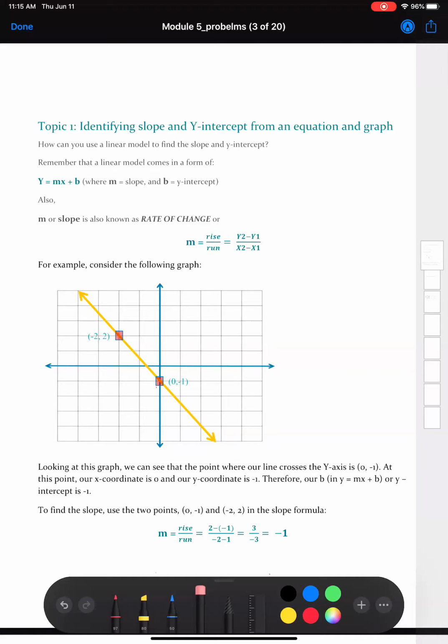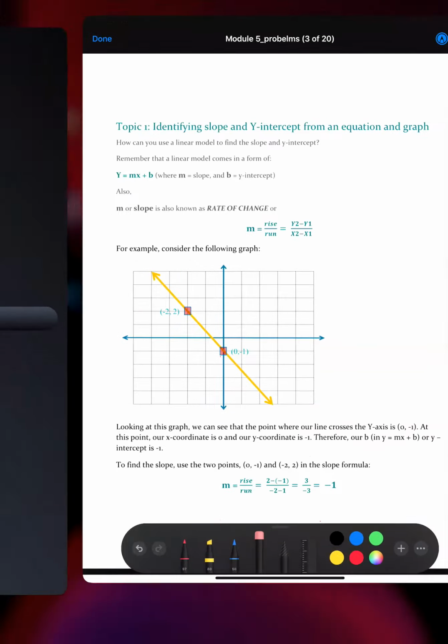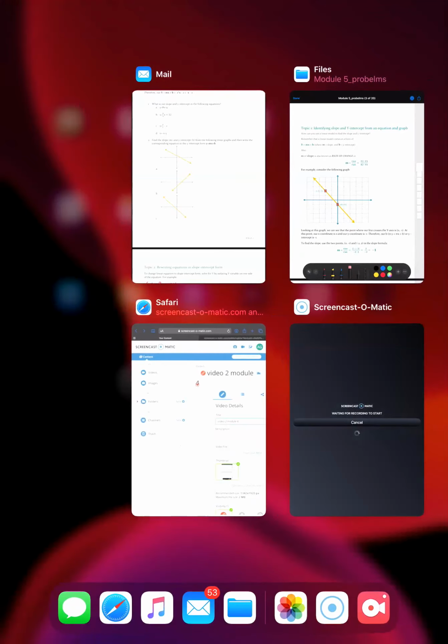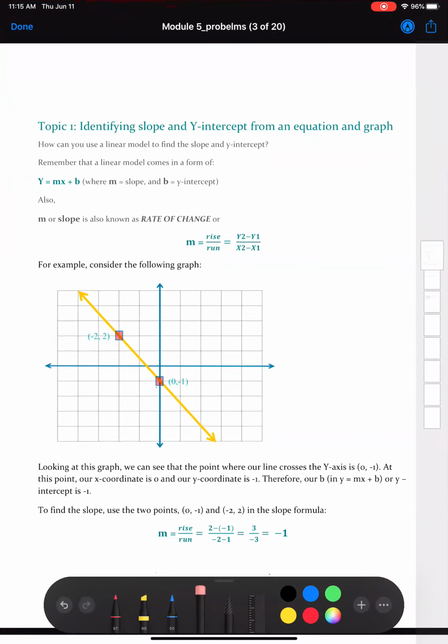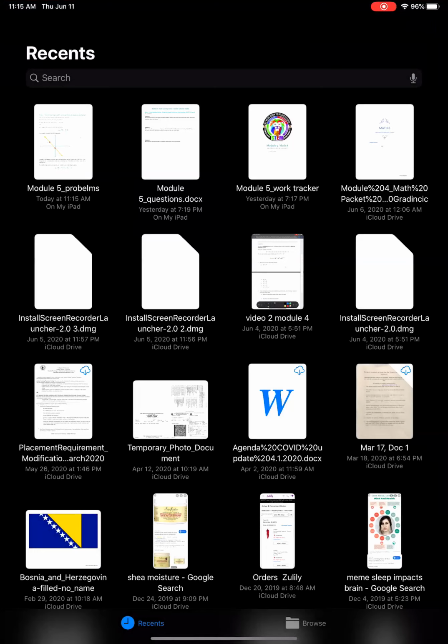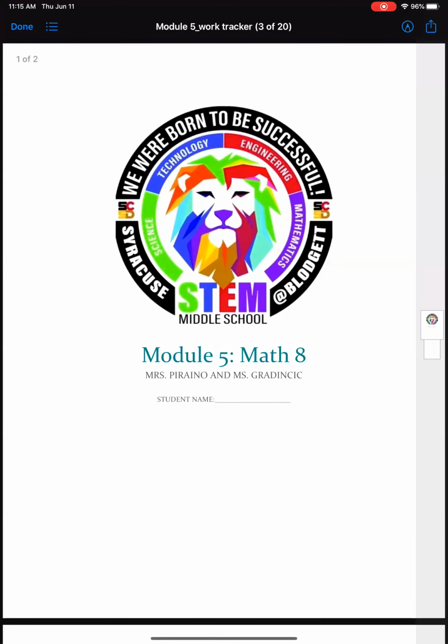And actually, let me show you how this packet looks. It's posted on Canvas as module 5, but it's also been distributed to you guys and delivered to your homes. There's a file on Canvas called module 5 problems, but if you were to receive the entire packet separately, this is what the front of the packet would look like.